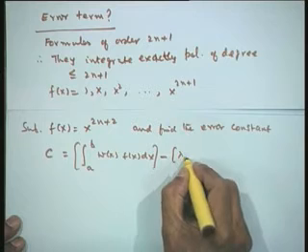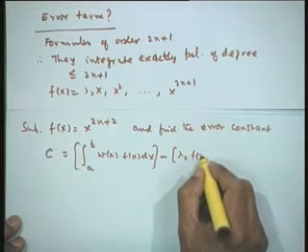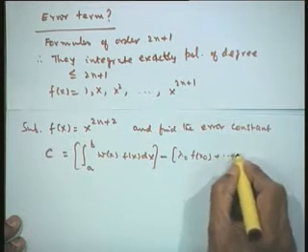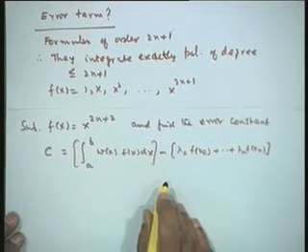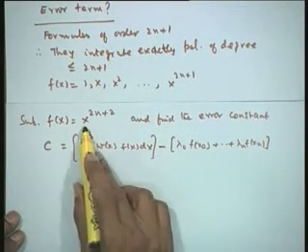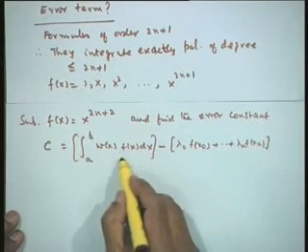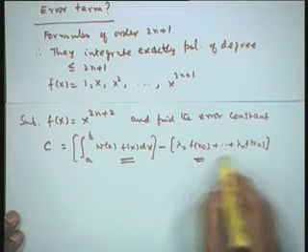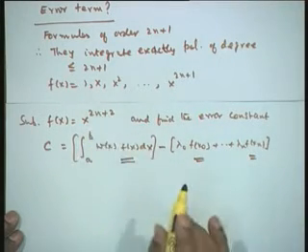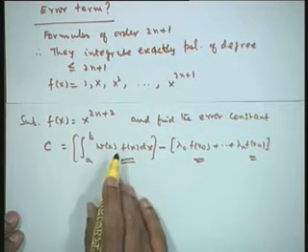So, this is lambda naught f(x naught) plus, up to lambda n f(x n). Now, I am substituting f(x) equal to x to the power of 2n plus 2 here. So, I am replacing f(x) by x to the power of 2n plus 2, and I am replacing all these by x to the power of 2n plus 2. This is our error constant.